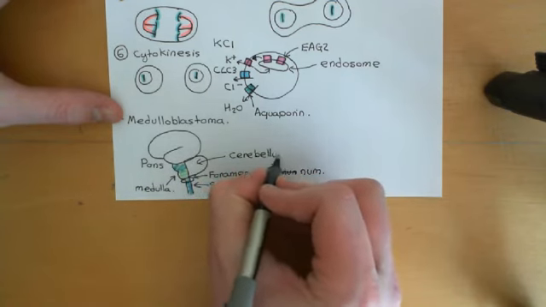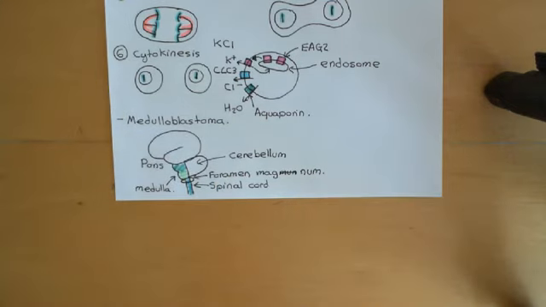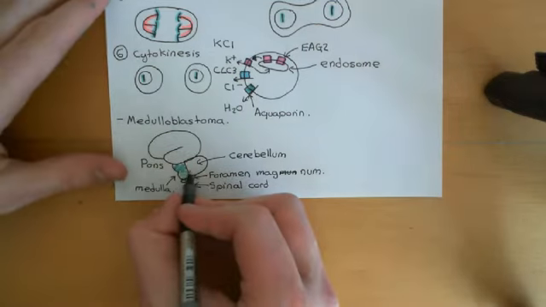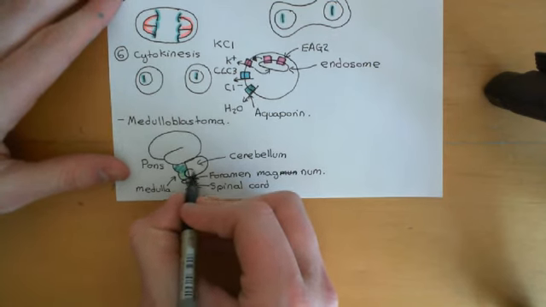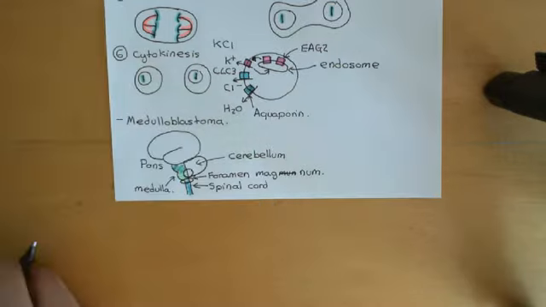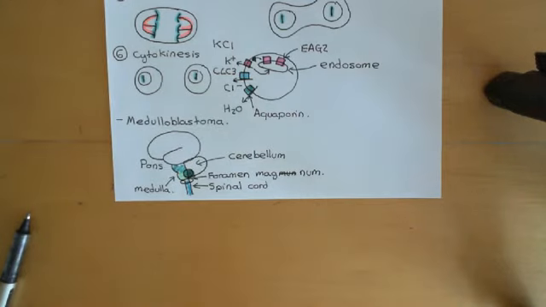Okay, now a medulloblastoma is a tumour that occurs, or is believed to occur, from cells of the cerebellum. Okay, and what happens is generally it's at the front of the cerebellum and therefore generally protrudes into the back of the medulla here. Okay, so generally you get a massive great lump in this sort of position here. So that's what a medulloblastoma is.